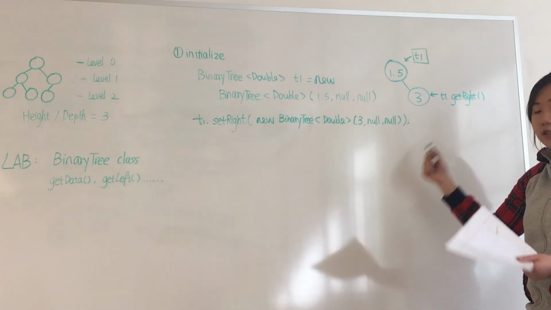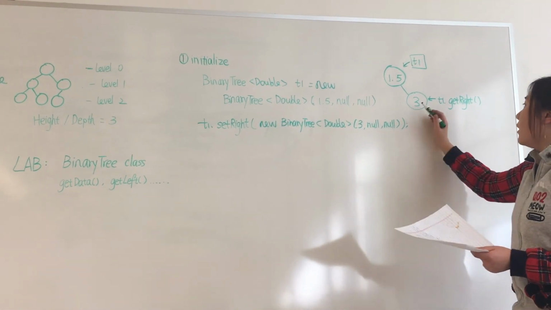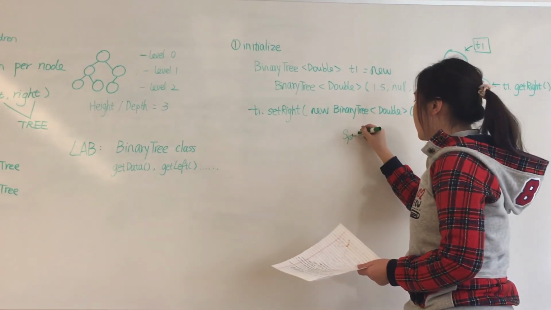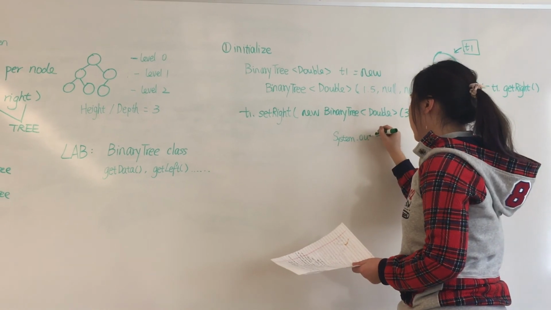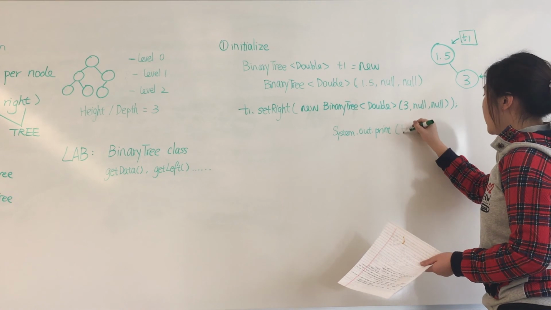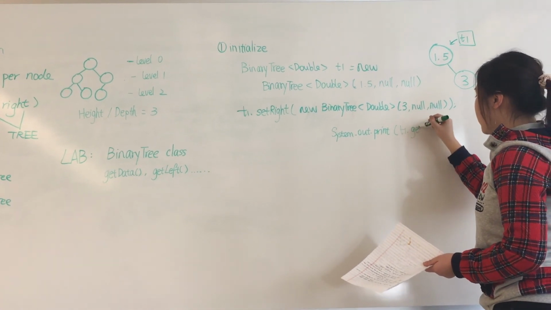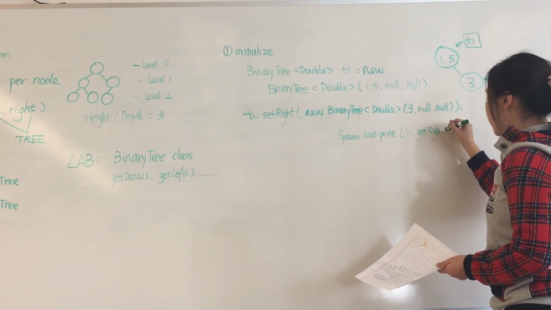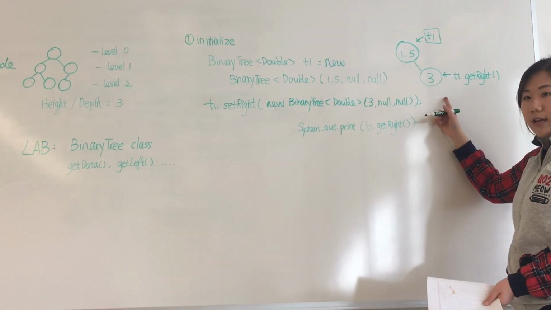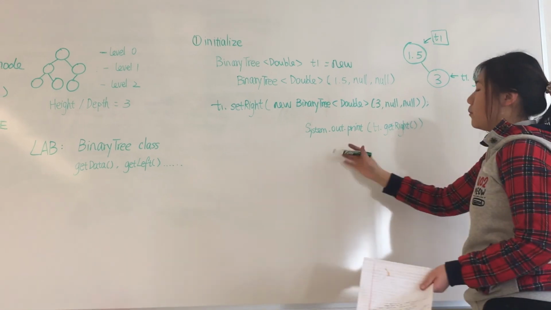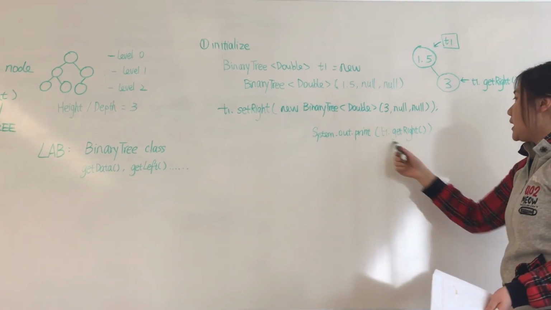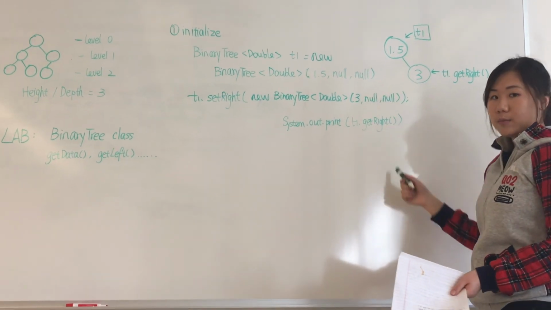However, getRight returns us a tree. So in the lab, you may encounter that if you say System.out.print, for example, .print T1.getRight, you will expect it to print out 3, however, it doesn't. It prints out some weird representation which represents the memory address of this tree structure in the computer.